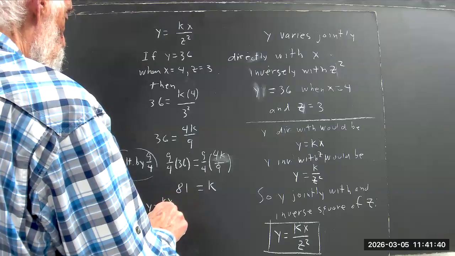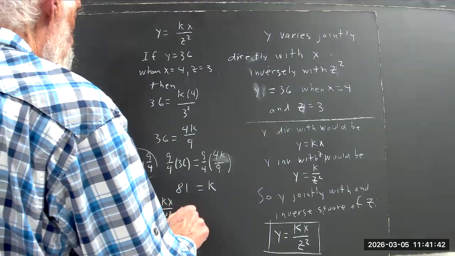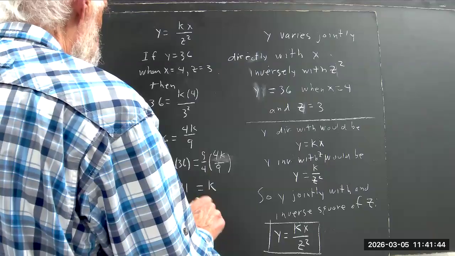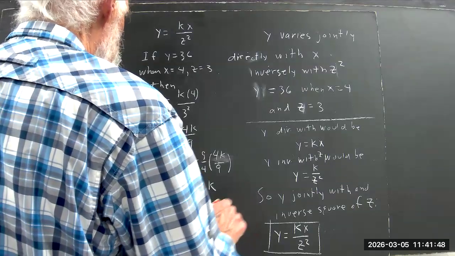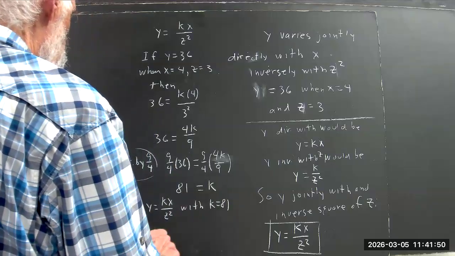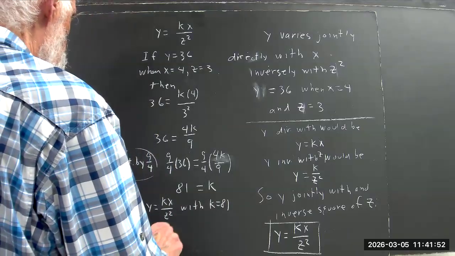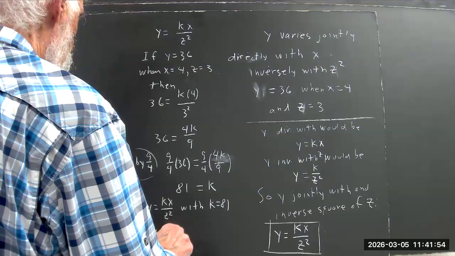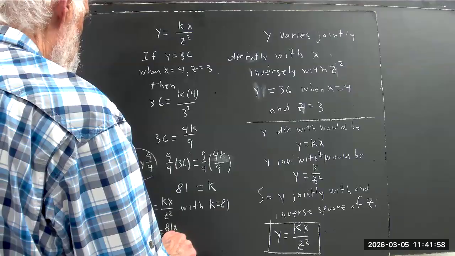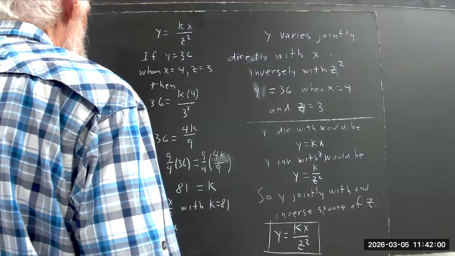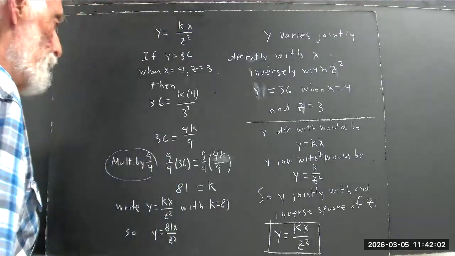Now we write y equals kx over z squared, with k equals 81. So y equals 81x over z squared, and there's our equation.